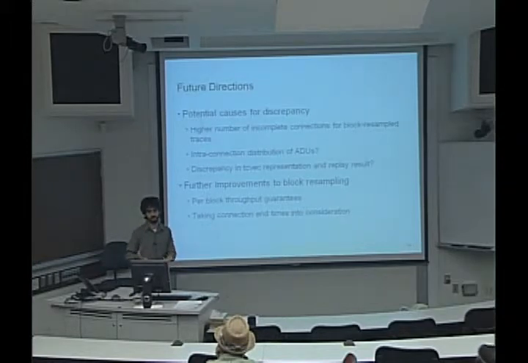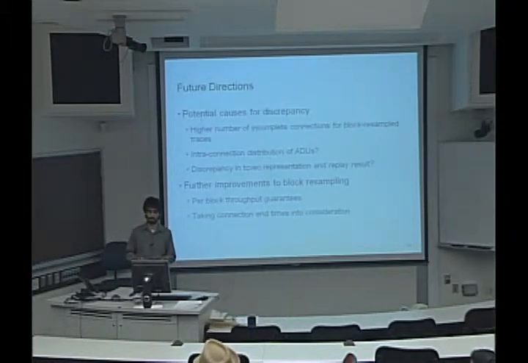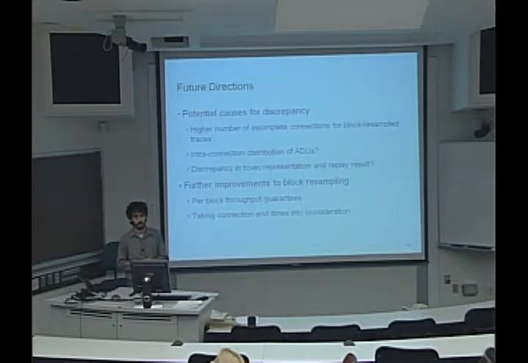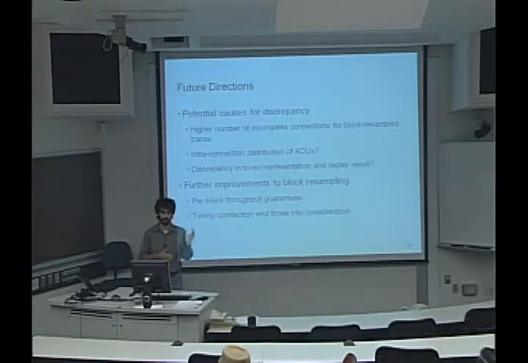Some future directions are trying to identify the causes of this discrepancy. Like I said, I don't have any evidence that points strongly to one explanation or another. There are a couple of other measures I was able to rule out that I'm not going to discuss today.